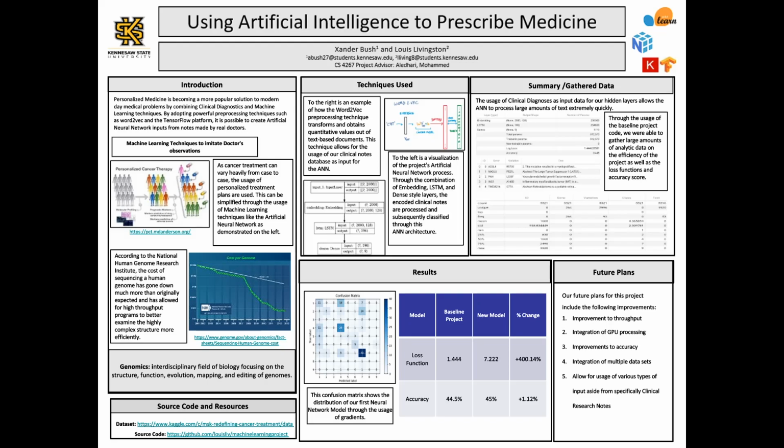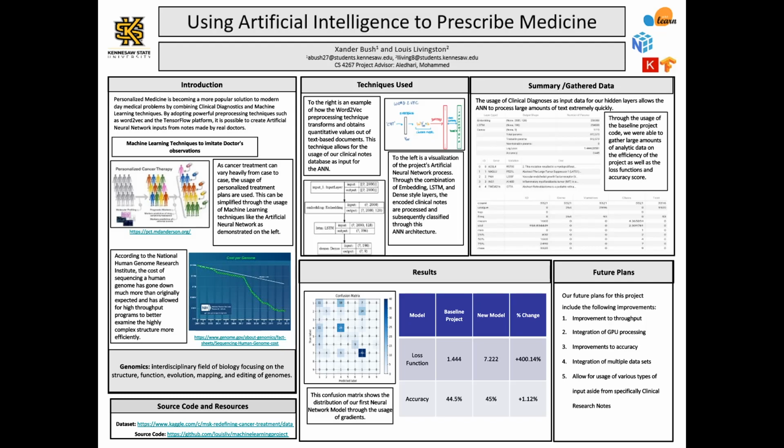From there, we'll discuss the summary and gathered data. Where we got our data from was a Kaggle competition from around 3 years ago, which was based around this idea of personalizing medicine using machine learning.